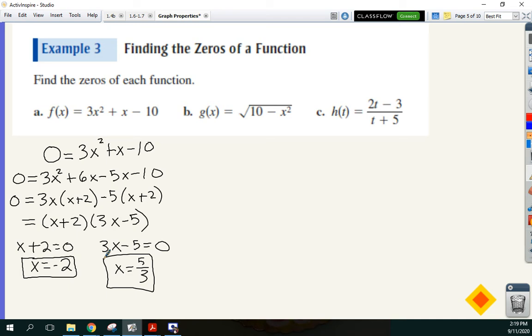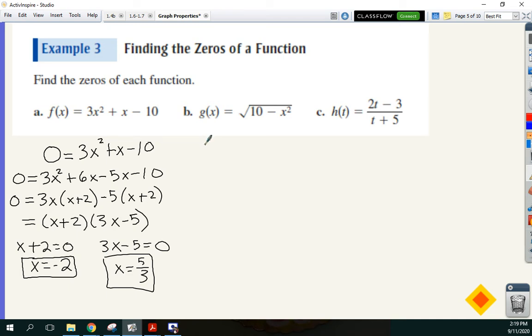So in our next one, we need to figure out, okay, where does the square root of 10 minus x squared equal 0? And we need to be a little bit careful because we have a radical and we have things that are being squared underneath it.